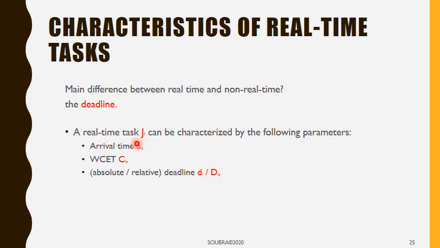If we started at 11 and the lecture should be over before 12, we have a relative deadline of 1 hour. If we started at 11:30, our relative deadline will change. The absolute one will never change.